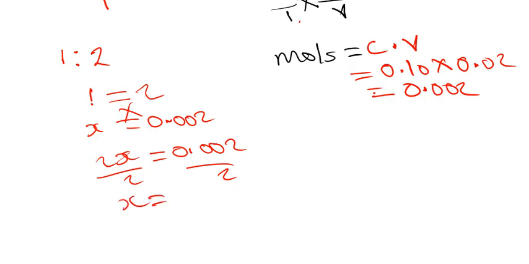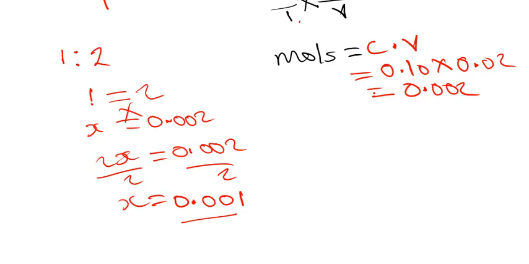So we use our calculator again. Okay, so we have 0.001. These are the moles of magnesium which reacted with the 0.002 moles of hydrochloric acid. So these are the exact moles which were involved in our chemical reaction.